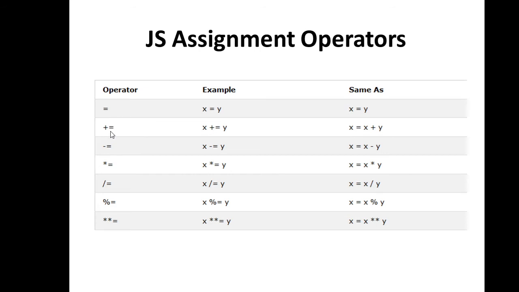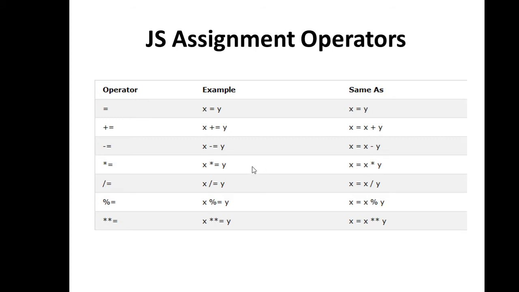Then we have the plus equals assignment operator. x += y is similar to x = x + y. Similarly, x -= y is similar to x = x - y, and x *= y is the same as x = x * y.